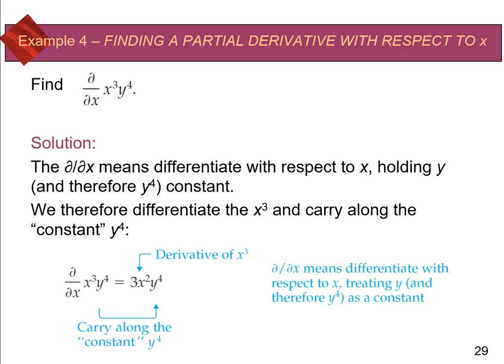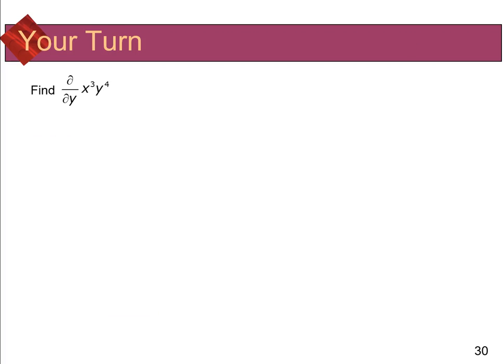So now let's have you try the converse of that. Find the partial derivative with respect to y for the same function. Well, for this one, since we're doing it with respect to y now, the x cubed is the constant. It's a constant multiple, so I'm going to keep that along for the ride.